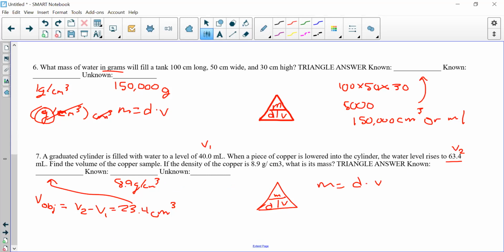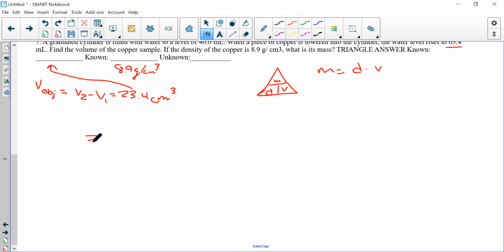Let me go ahead and extend that page. So 23.4 centimeters cubed multiplied, make that parentheses, 8.9 grams per centimeters cubed. All right, so centimeters cubed cancel. I'm going to be left with an answer in grams.